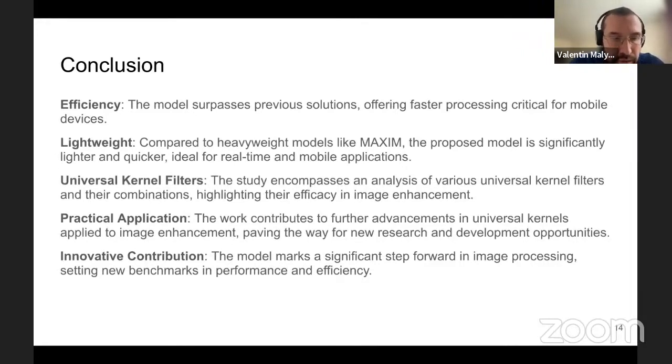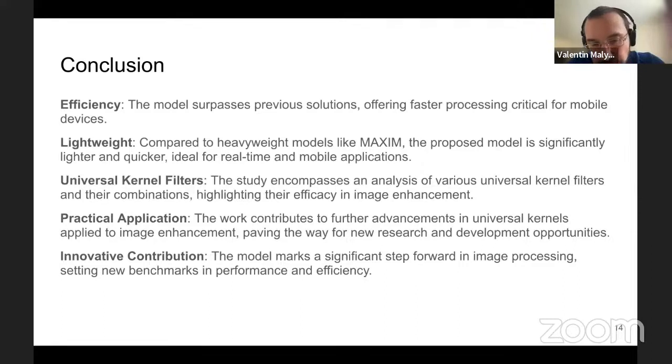Also, there is a possible practical application of our model, since it is only 50 kilobytes in size. It could be run on edge devices like mobile phones, so it's more practical than others.